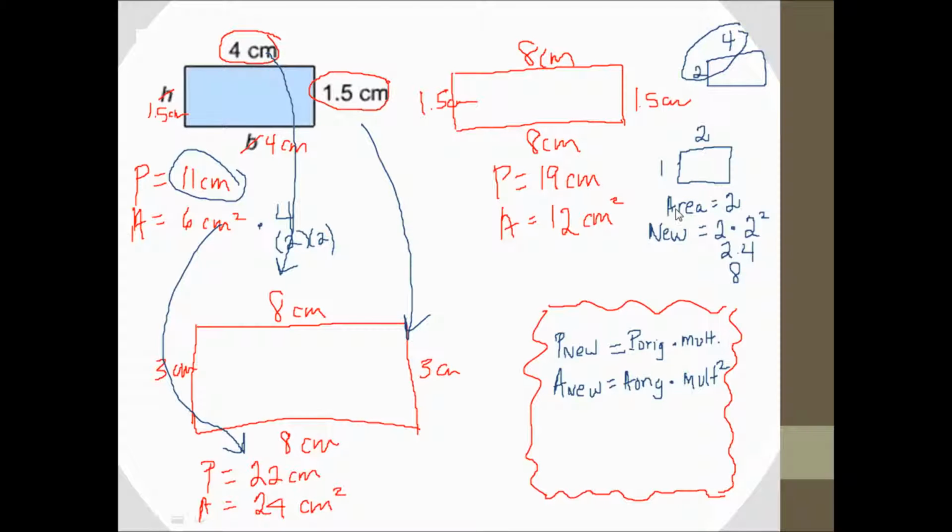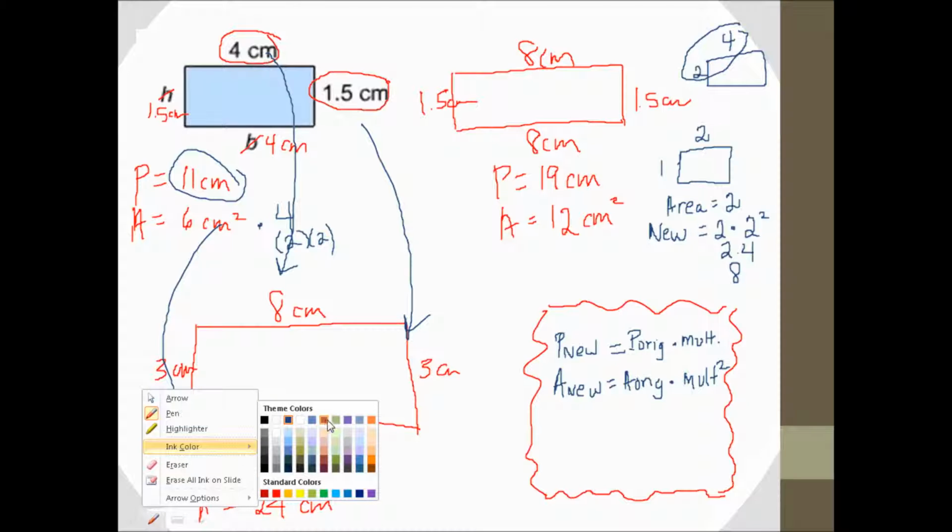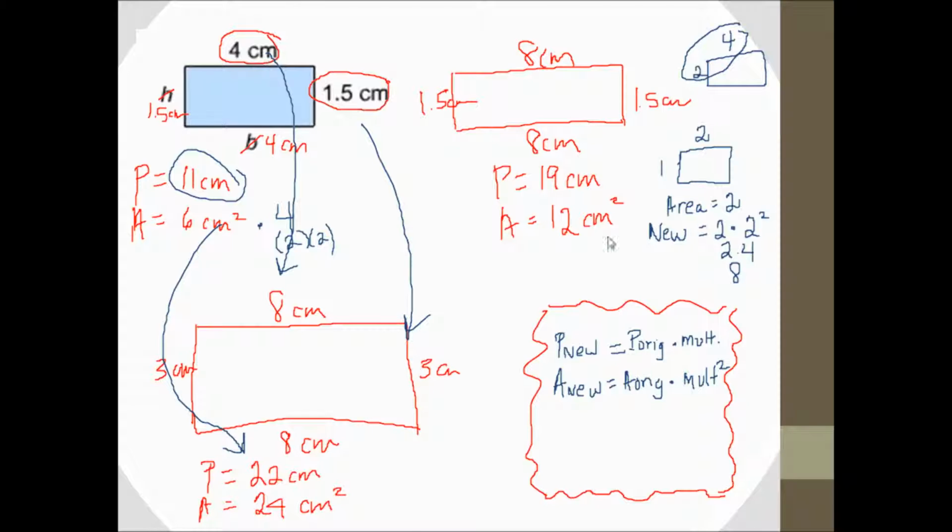Well, let's suppose I have my 2 by 1 rectangle and I actually wanted to quadruple it. So my new area would be my old area times, now quadruple means 4 squared.